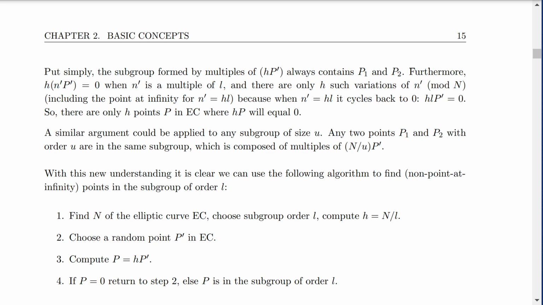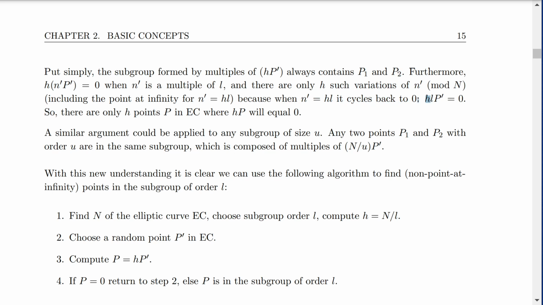And we further note that there are only a number of those variations of n prime that is equal to h, right? So if h is 8, there are h variations of n prime for that, because whenever n prime equals hL, that is when, by definition, this cycles back to 0.